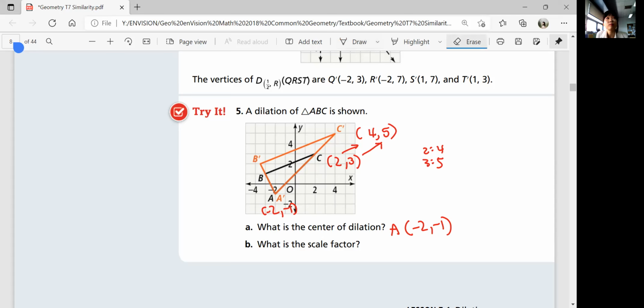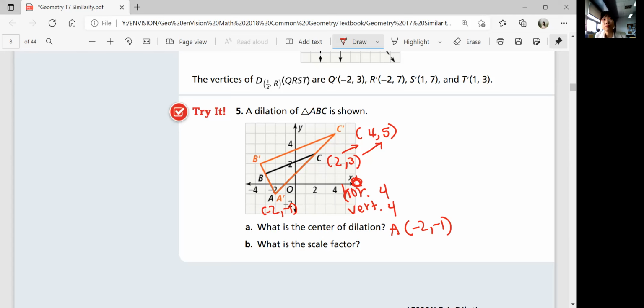Okay, but we're not comparing the coordinates. We're gonna look at the distances. Okay, the change from -2 to 2 is 4, for the x. So let's do horizontal change. Horizontally, change is 4, and vertically, change from -1 to 3 is 4 again.